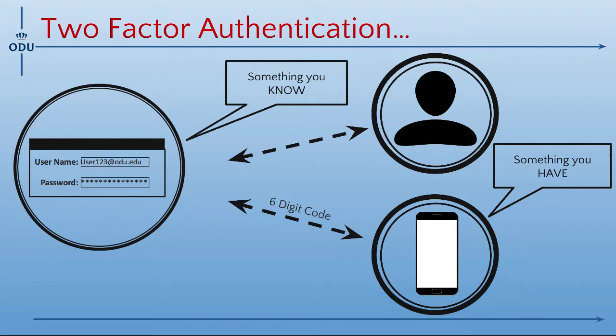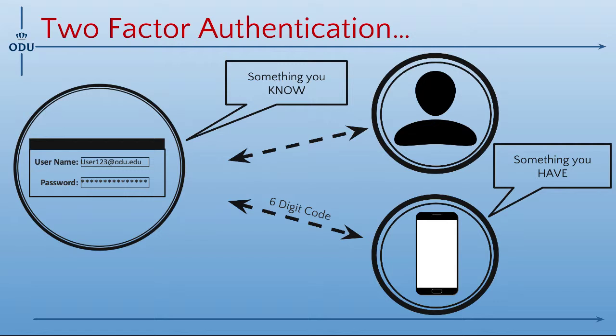Now, you've probably heard the term two-factor authentication. What two-factor authentication is, is a concept whereas you provide something that you know, and in this case it's your user ID and password, but combine that with something that you have, that you are in possession of.